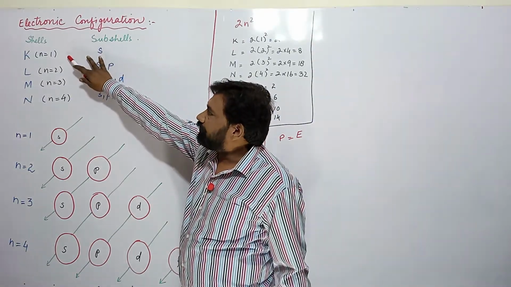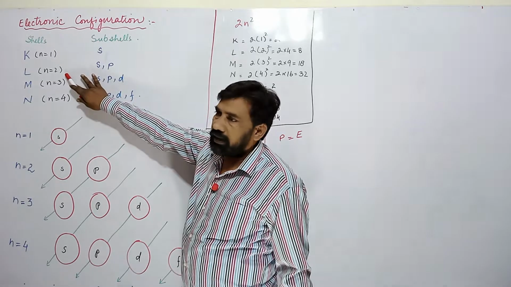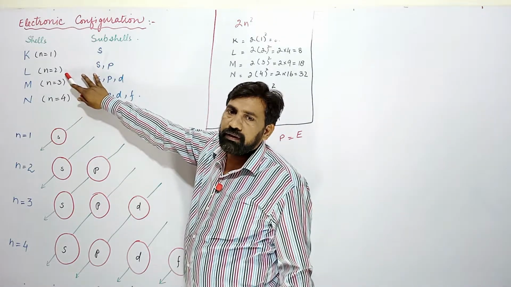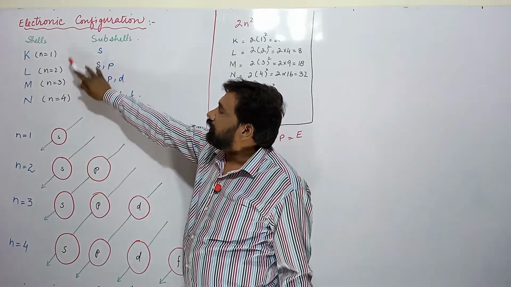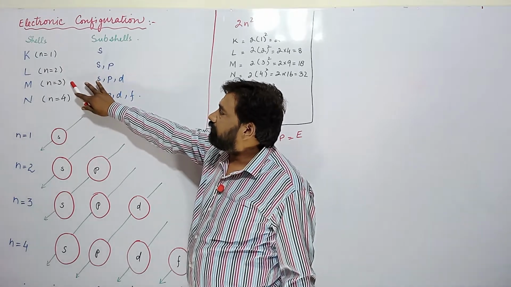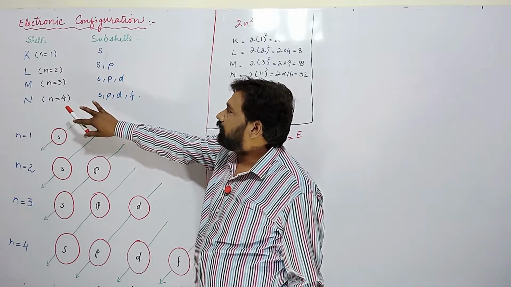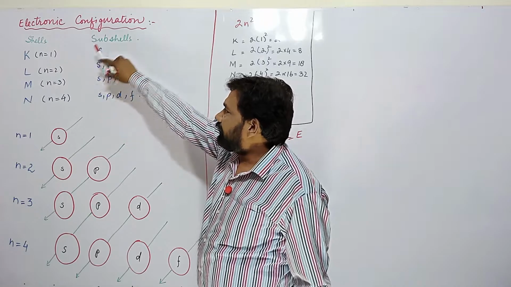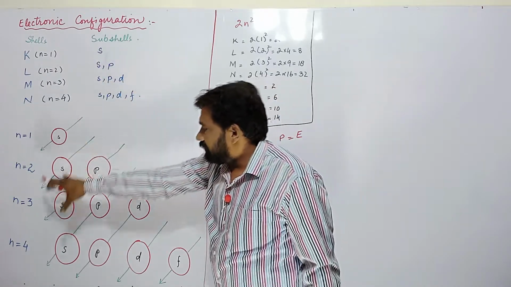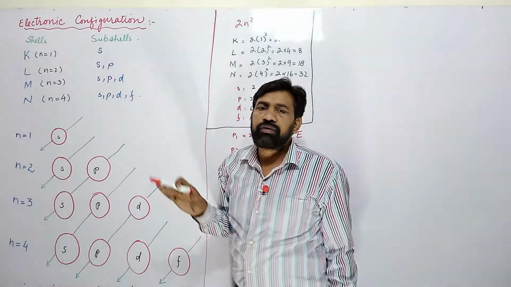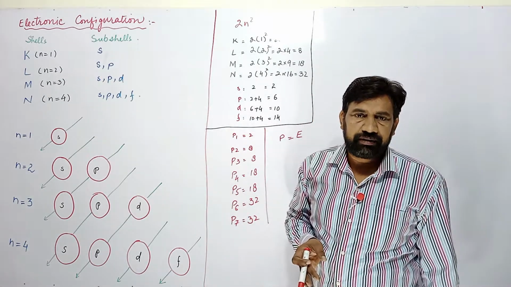Then after completing K shell, other electrons will be accommodated in the L shell, and after completing L, move to M, then N. These energy levels are written here according to their increasing order of energy.